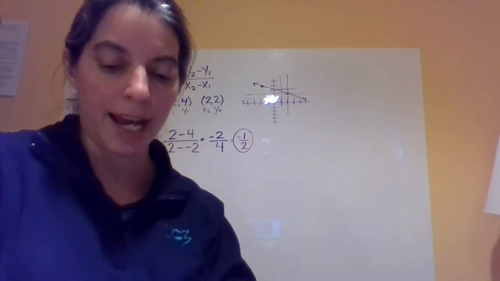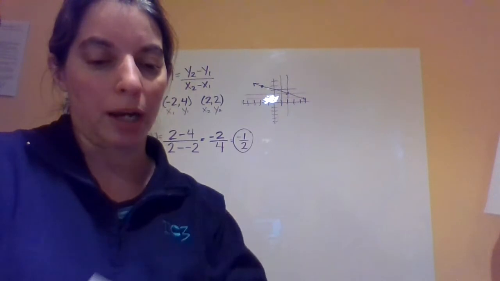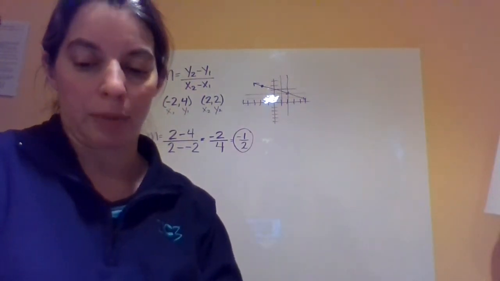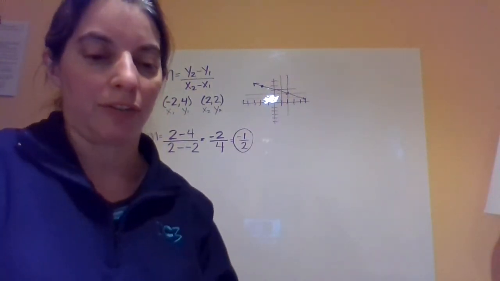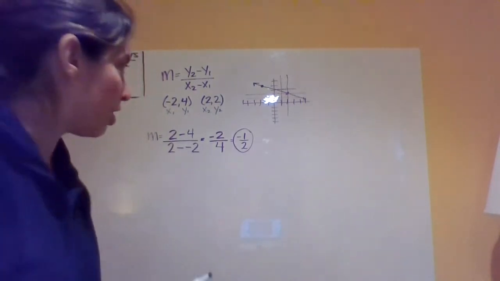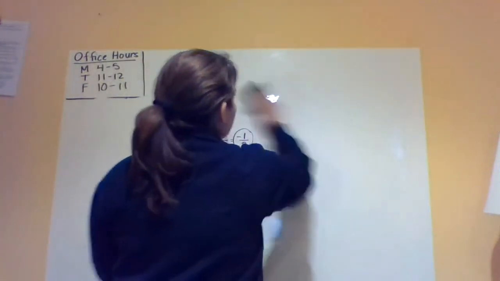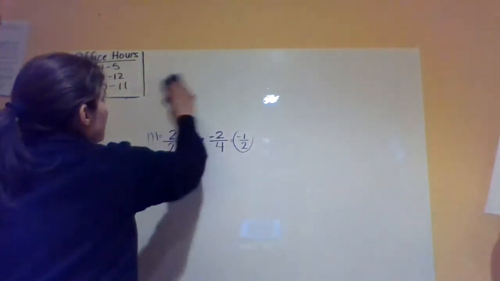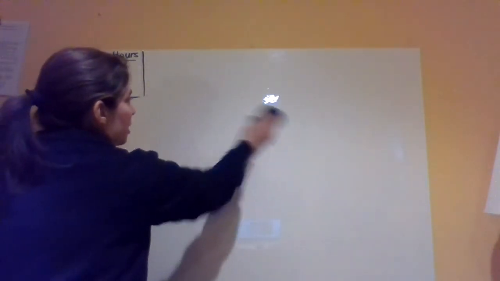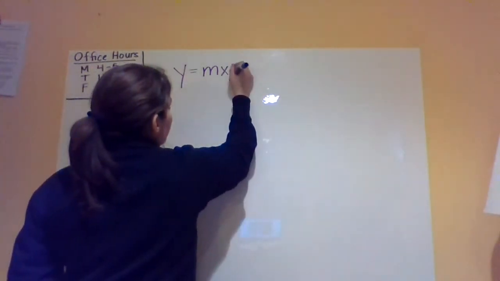All right, so let's now get into the bottom of page 2, which is really the meat of this chapter. And that is slope-intercept form of a line. And this is something that often students kind of remember. Maybe you don't remember all the details about how to do it, but often people remember something about y equals mx plus b, okay?